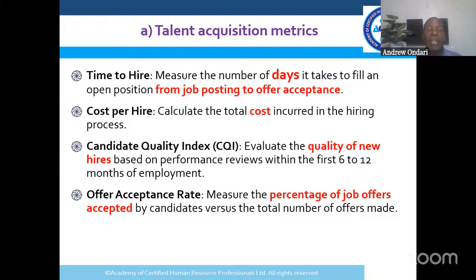And by the time you interview, it takes even more days. So the job design should be in a way that those who don't qualify do what we call deselection. They deselect themselves from the process because they don't qualify, meaning the criteria for selection must be high enough for people to deselect themselves.